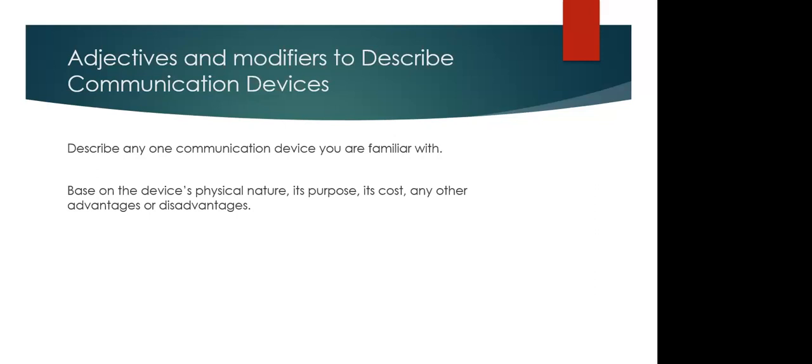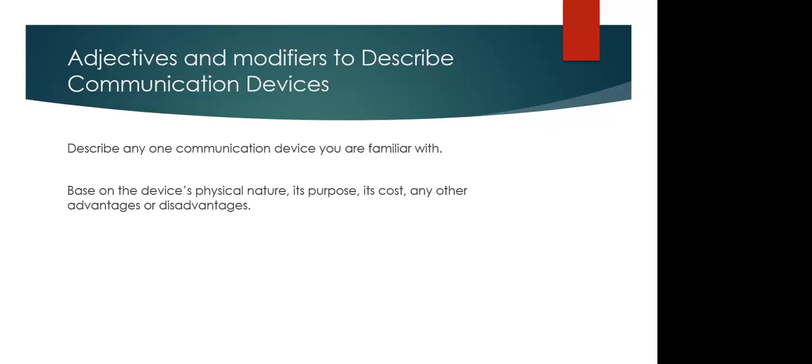Okay, so our first assignment on this slide was to describe an adjective, and someone has already done that good job. Secondly, we are going to describe any communication device that we are familiar with. Yes, I see people are putting very many adjectives in the chat, and that's a good thing. Silver, fat, red, black, small.